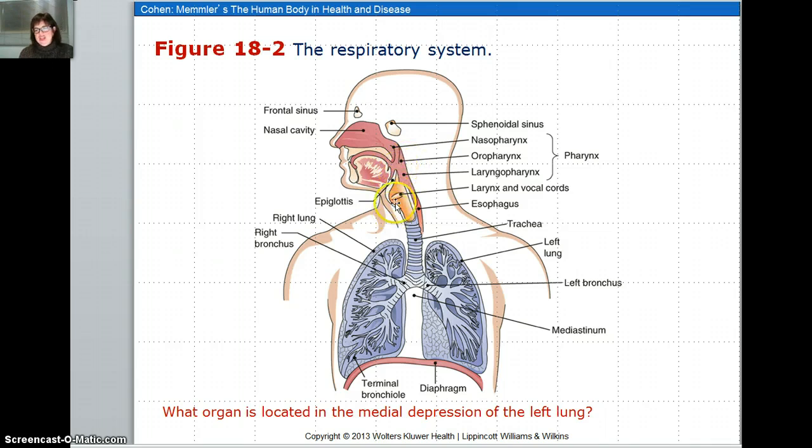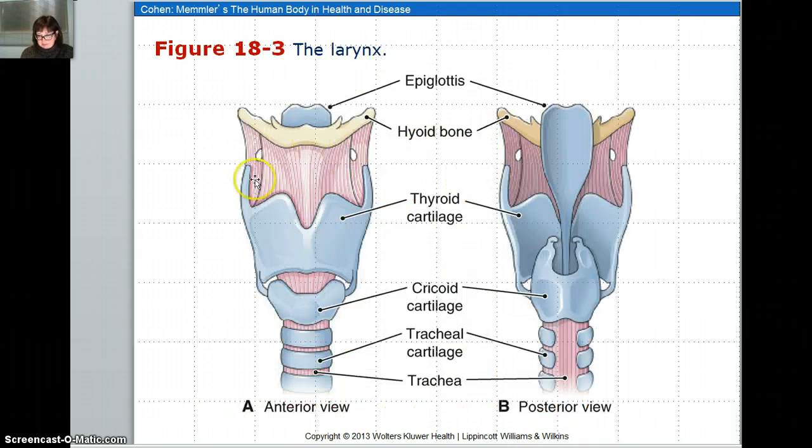Then there is a division right at the bottom of the pharynx. The epiglottis is a flap which will cover over the windpipe or the larynx and the trachea anytime there's food going down, because you don't want food or water in the lung. The larynx is a voice box. The voice box is held by cartilage, and it's this cartilage which is the Adam's apple on men, and then the epiglottis is at the back.